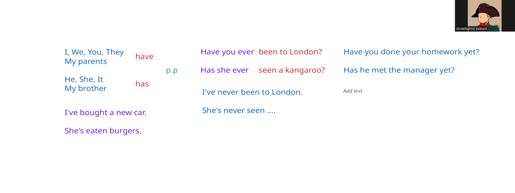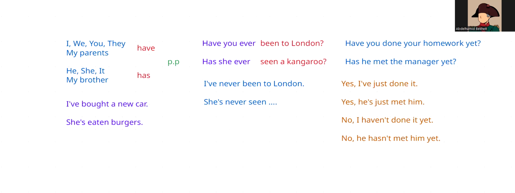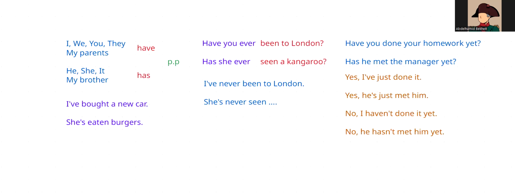So as you can see here, we use just for positive sentences, but we use yet for negative sentences. And we use yet at the end of the sentence. Yet comes at the end of the sentence in a question or negative, but just in positive.